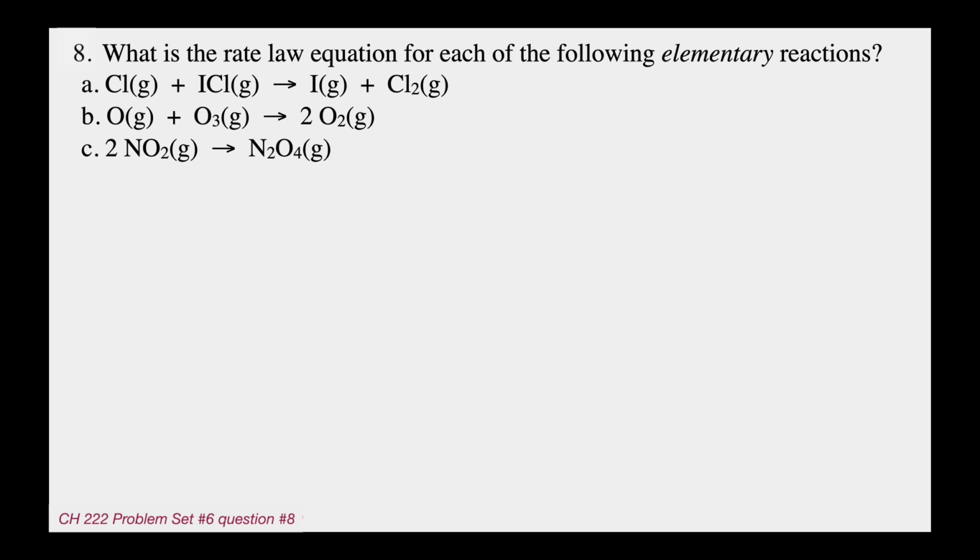What is the rate law equation for each of the following elementary reactions? This question is introducing us to what the heck an elementary reaction is. And an elementary reaction is just a single step mechanism. So if we were going to draw a little reaction diagram like we did on the last question, all of these reactions, this would be like reactants going to products, all of them would have a single step.